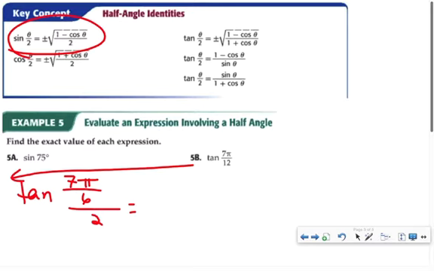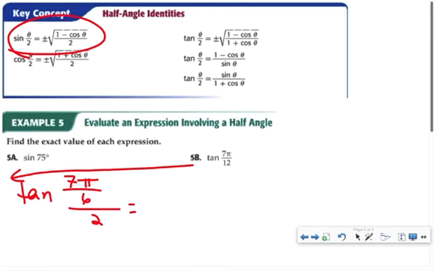So we're going to use that this is equivalent to positive or negative. Well, let's think about that. 7 pi over 12 is going to be in the second quadrant, which means that the tangent is negative.